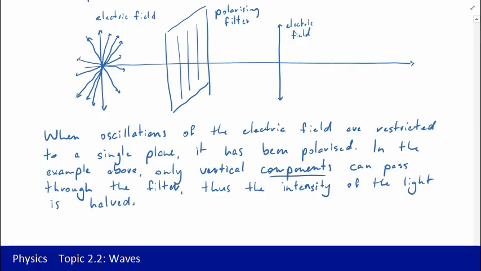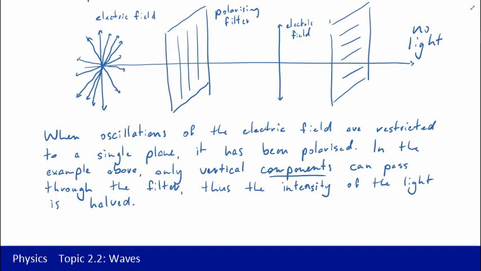If we then were to place, say, a second filter over here that had a horizontal plane of polarization, that then means that over the right hand side here we'd have no light coming out. So we can turn that second polarizing filter to different angles to allow more or less light to come through on the right hand side, and that will always come through in the same orientation as this second polarizing filter.